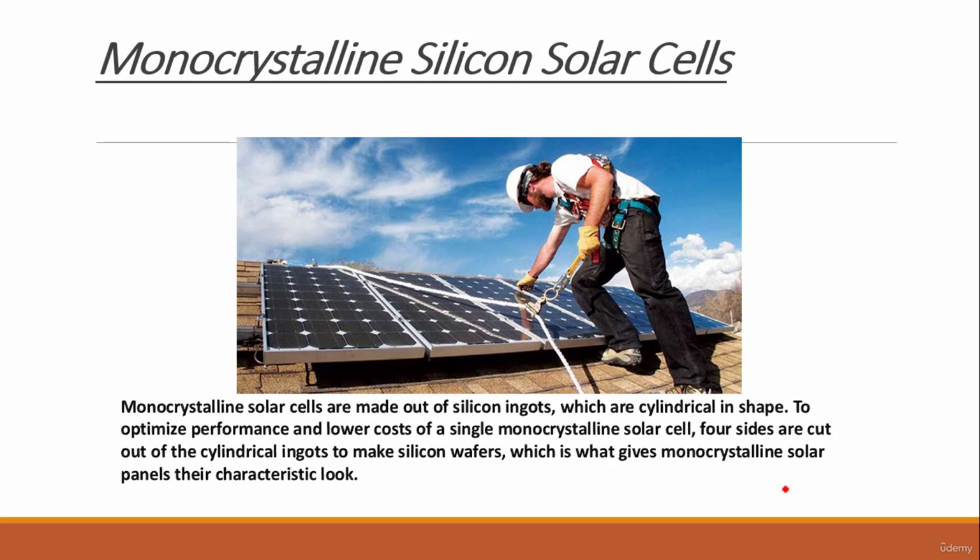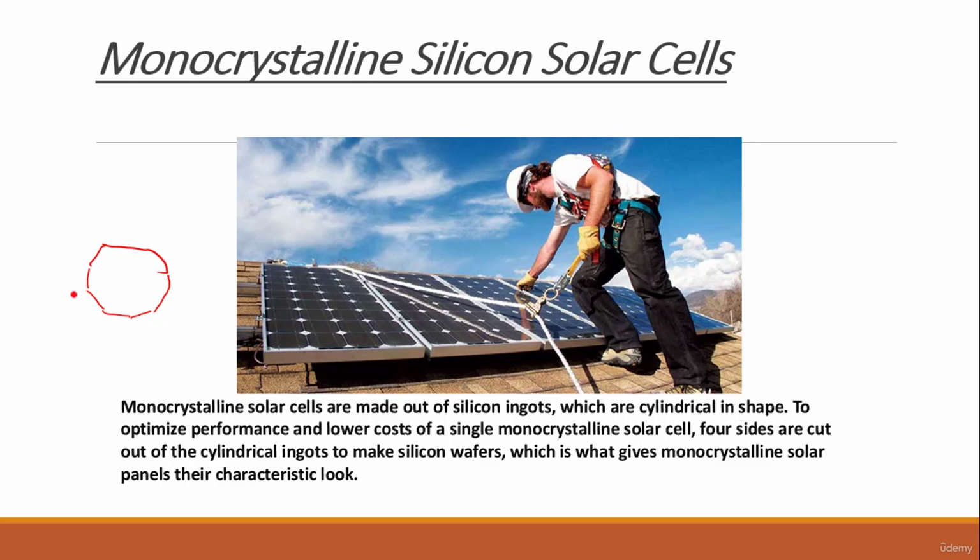Let's start with the first type, the monocrystalline silicon solar cell. The monocrystalline silicon is basically made from silicon ingots by a specific method called the Czochralski process, which are used to cut the solar cell in octagonal shape, like this.